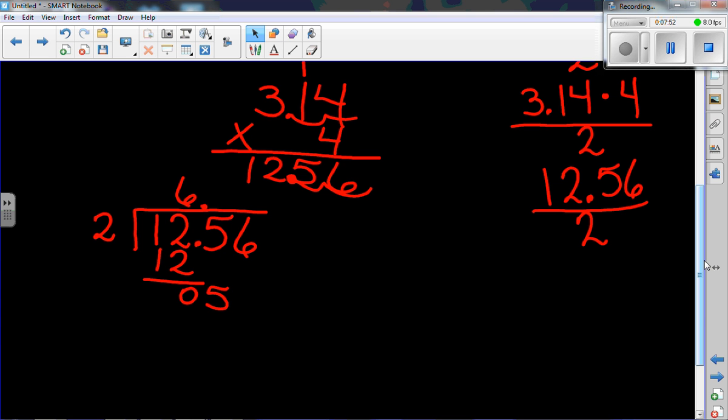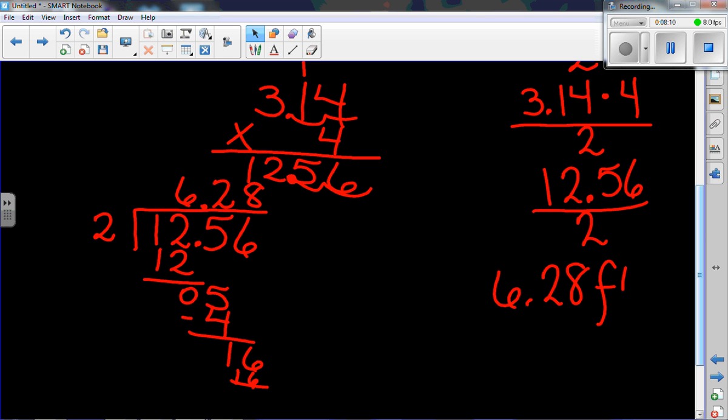And solving, we get 6.28 feet squared. You have to have the squares on your units to make sure that you have the proper answer.